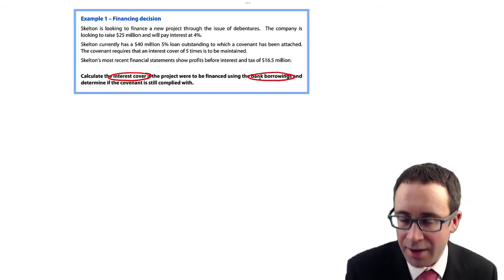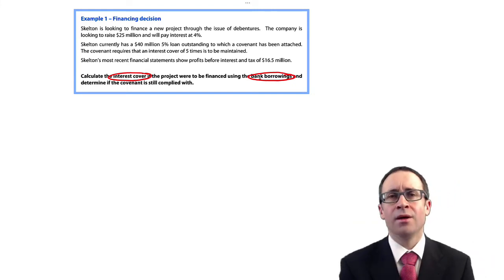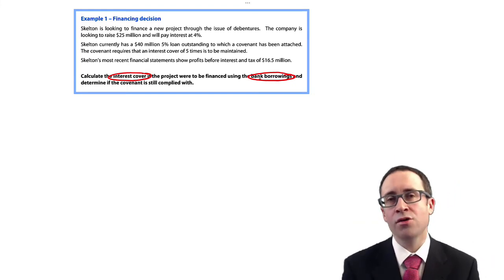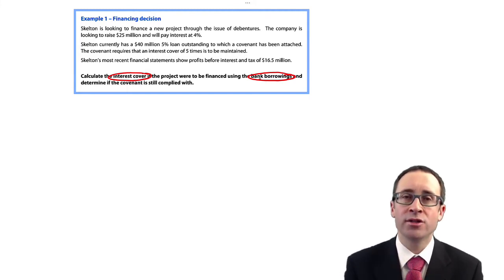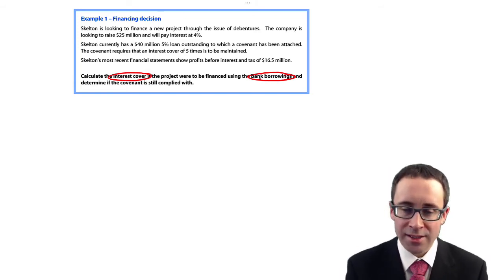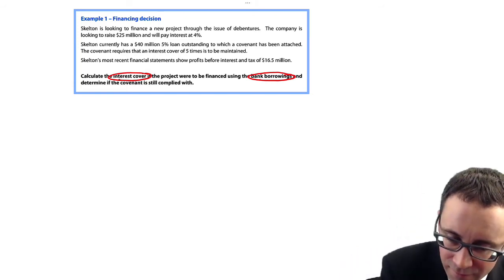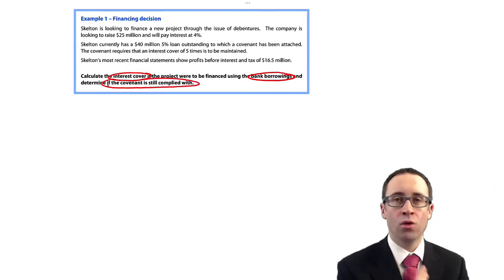So it seems like we have a project with a positive NPV, and we're making the finance decision by thinking about bank borrowings, increasing the level of debt. If we increase the level of debt, that will increase the level of interest, which will have an impact on your interest cover, won't it? And it says there, determine if the covenant is still complied with, a simple yes or no.